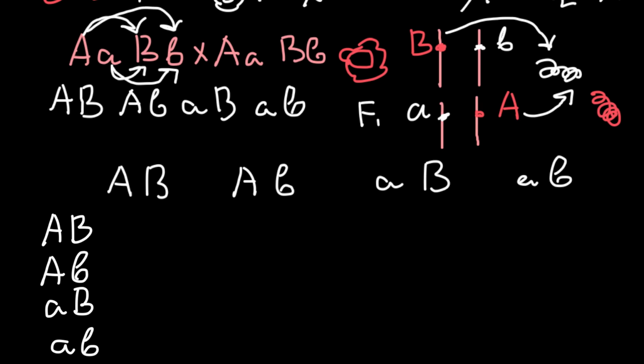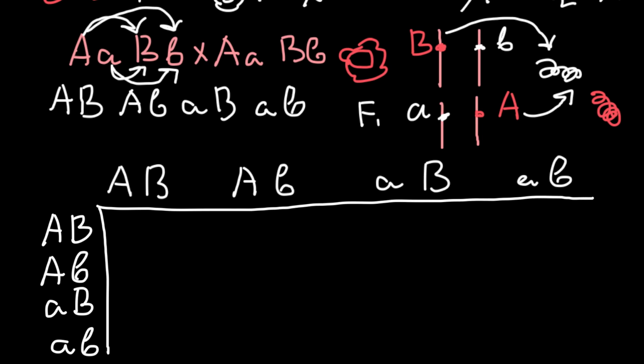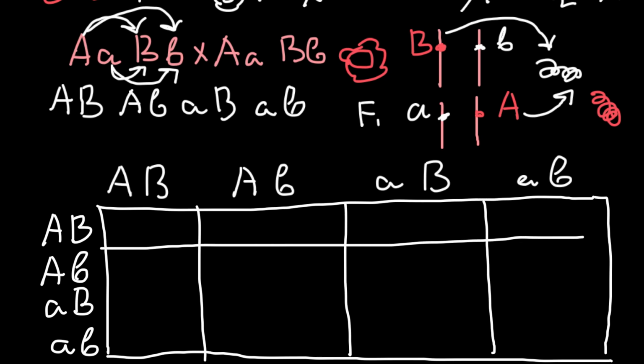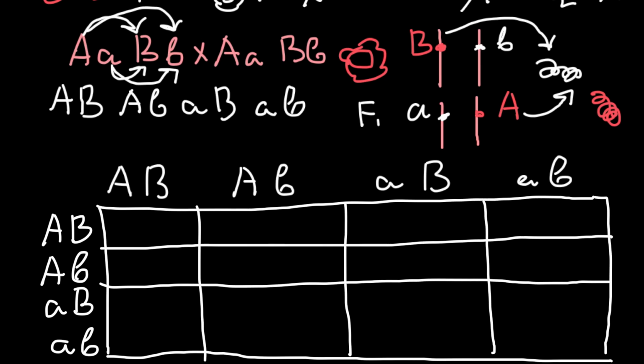Now, when we build a Punnett square, we would be able to predict all the genotypes in the F2 generation. So this is going to be 4 by 4, and we would have 16 cells here with different genotypes, but let's see how many phenotypes we would have here.